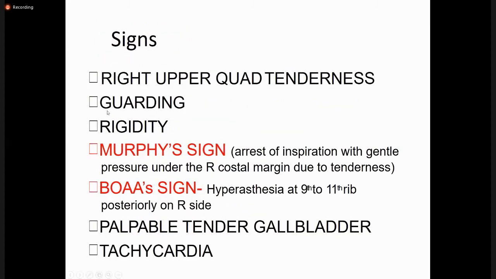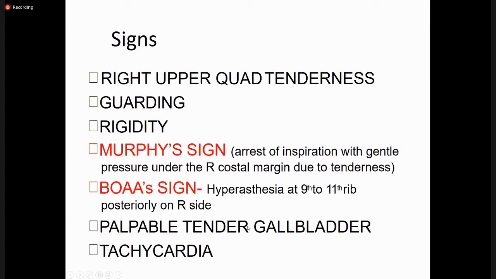What are the signs that you're going to come across? There will be guarding in the right upper quadrant area along with tenderness. There might be rigidity. Murphy's sign, as I said, is arrest of inspiration with gentle pressure on the right costal margin. That is when the gallbladder fundus is touching the peritoneum, it causes this Murphy's sign.